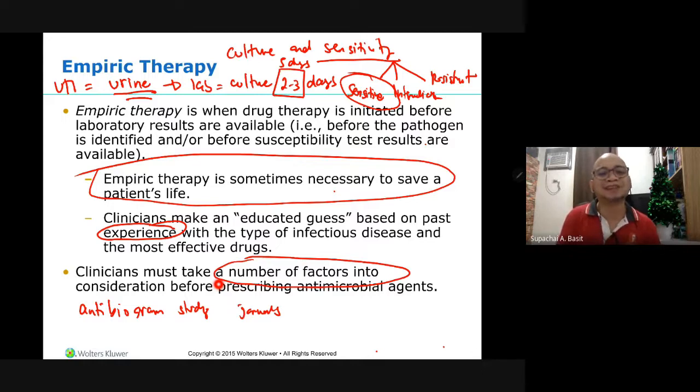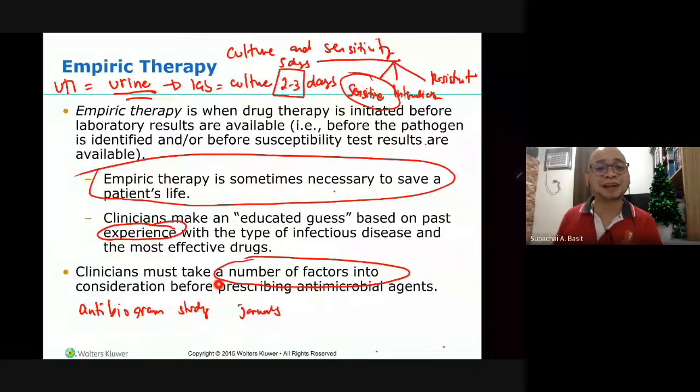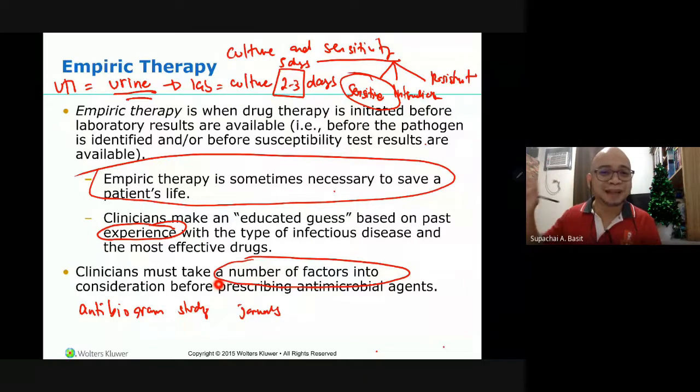So these are the factors, okay, that will come into play before clinicians would be able to make a proper prescription. But if the physician prescribes drugs even before the release of the result of culture and sensitivity, okay, that's what we call empiric therapy.